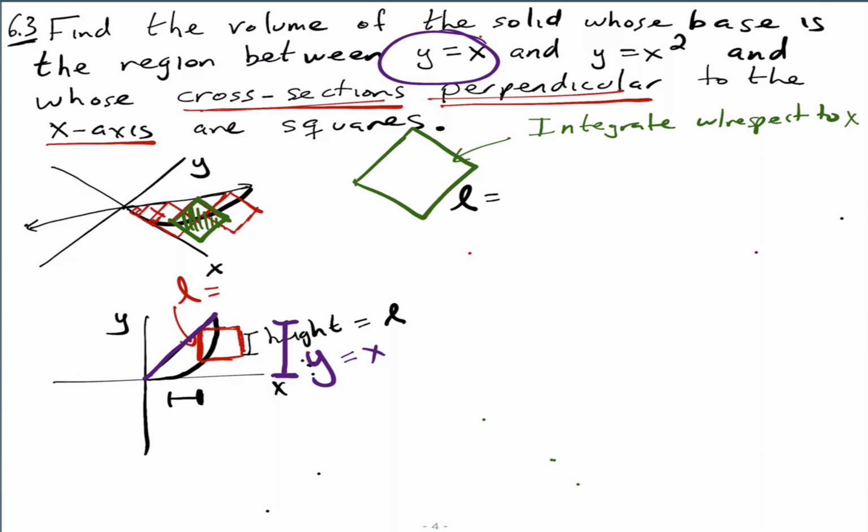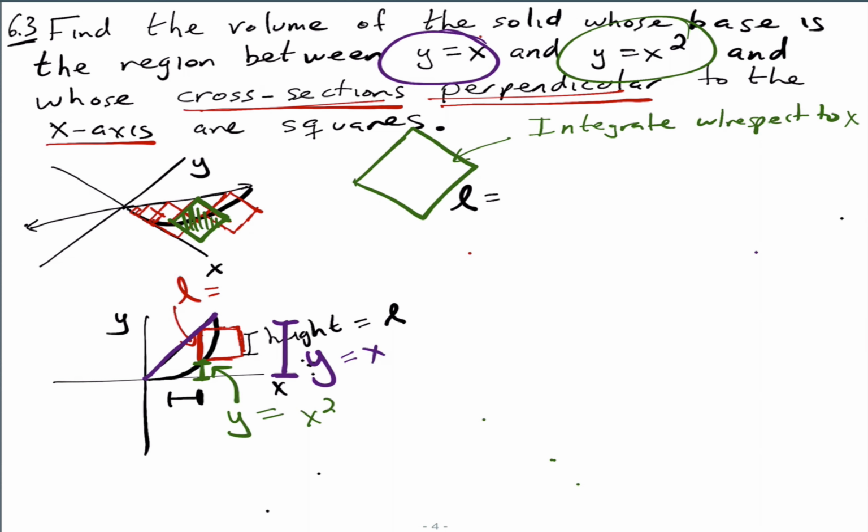But this length right here, the length of that is also the y value, right? But when you're on the other function, right? So that distance is y, but when you're on x squared. Does that make sense?